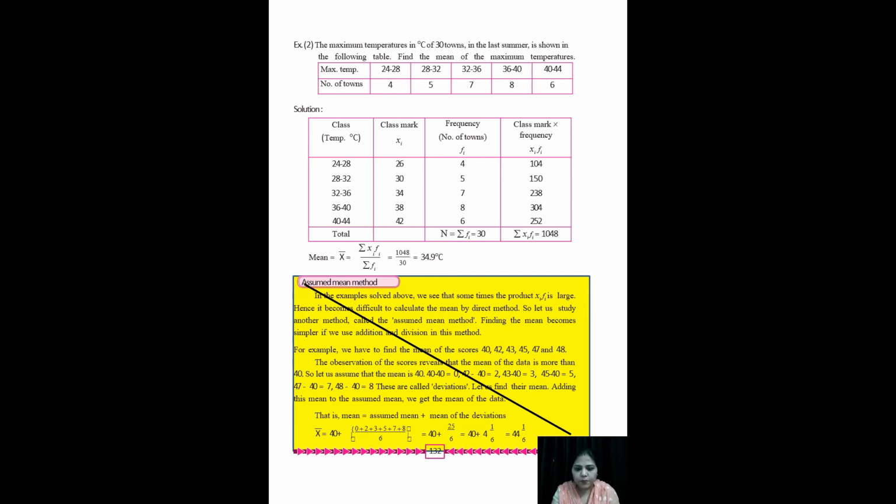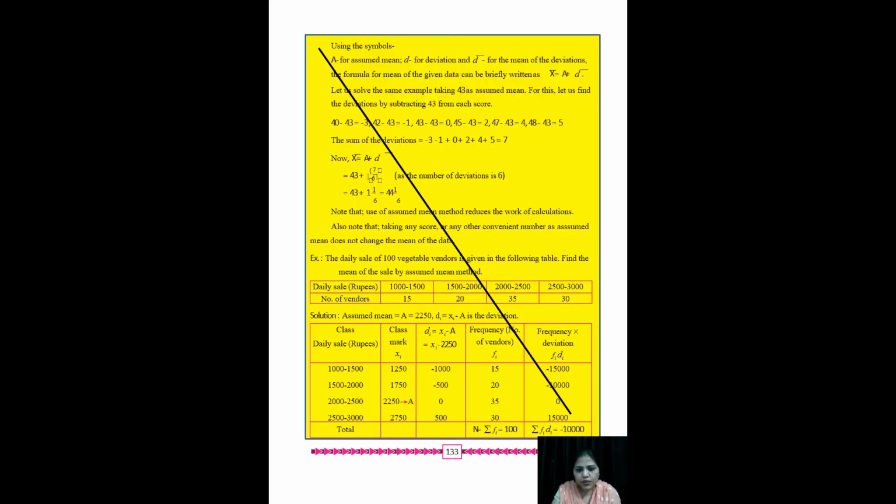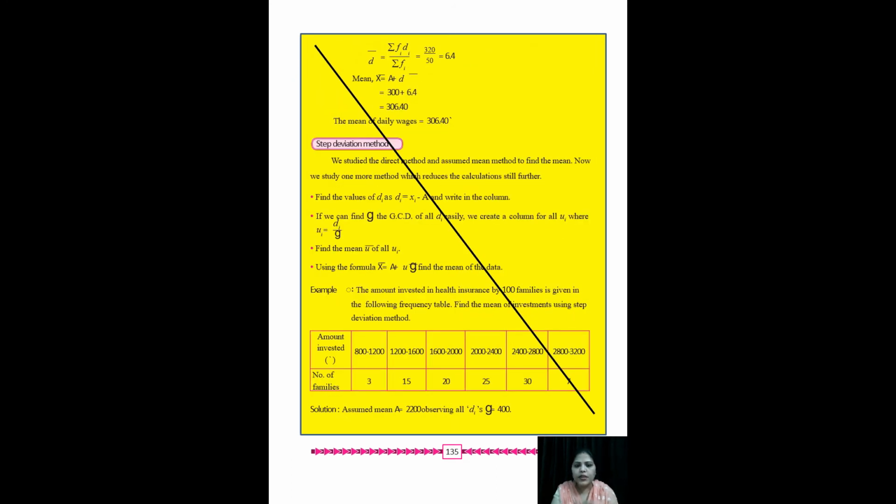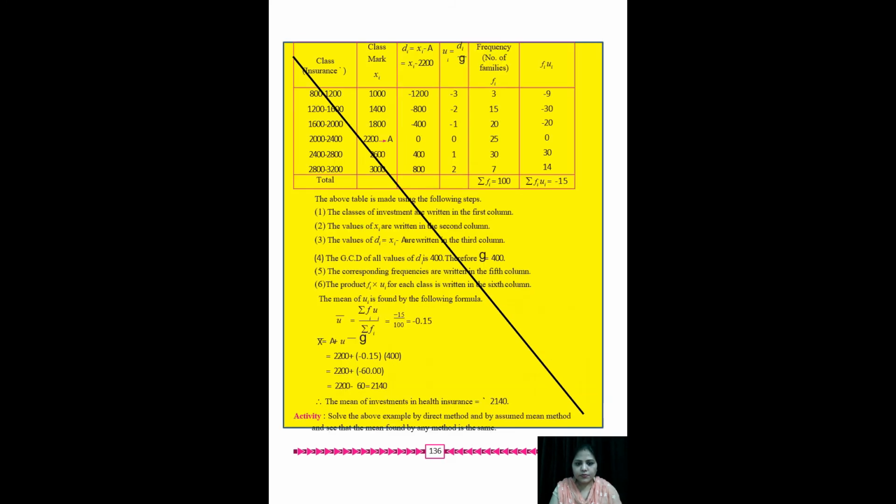Then we'll move ahead. 133 cancelled. 134 is all related to assumed mean, and the step deviation method is also not there now. It means we have to solve the sums based on mean by the direct method now. Step deviation and assumed mean both are cancelled from your syllabus.